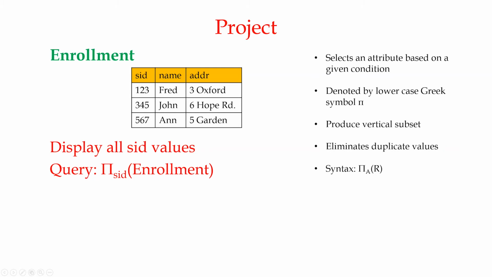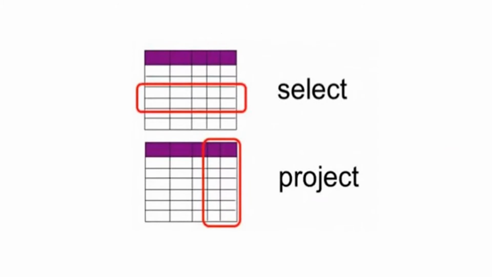Here I want to display all the student IDs from the given table. So my query is pi student ID from the table enrollment. On executing this query, I will get the output like this. Only the student ID attribute will be displayed. This is about the project operation.